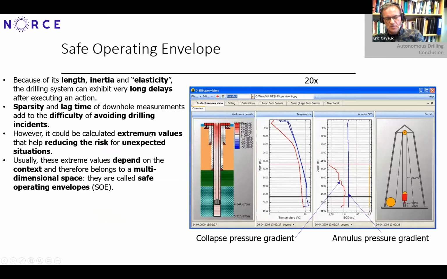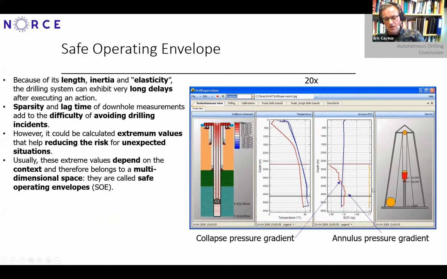The other protection is about safe operating envelopes. The drilling system is very length-based. There is a lot of inertia, there is a lot of elasticity, which causes a lot of delays. And as you can see here through this animation, when we are pulling the string at 20 times the speed, you can get a very long duration for swabbing periods.